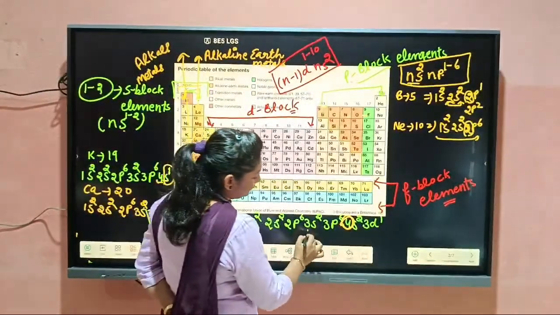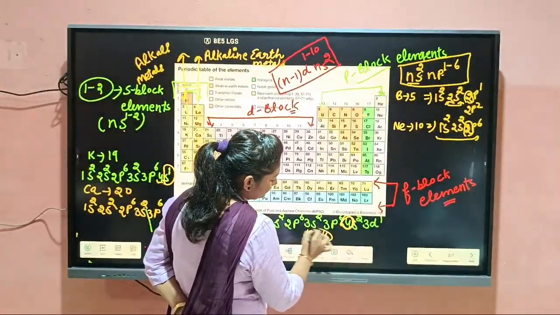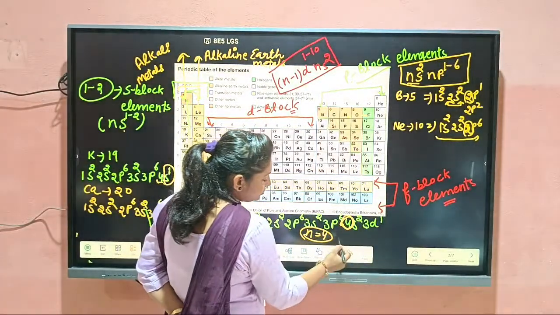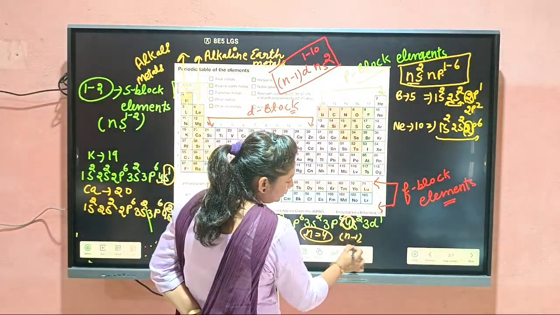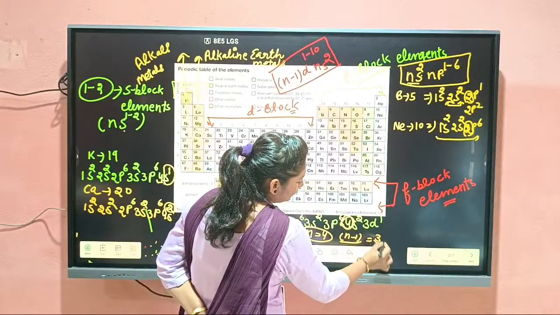N is 4 here, and n minus 1 means 4 minus 1, 3.